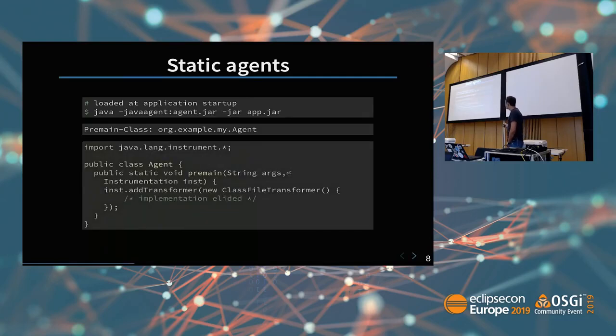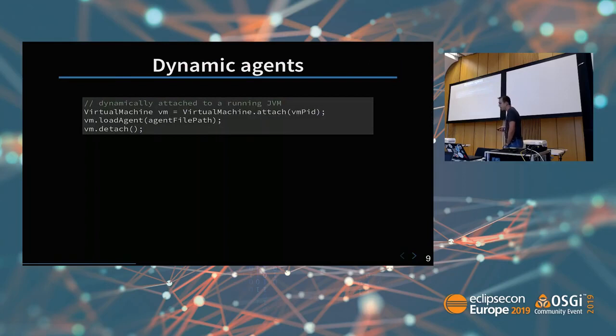In turn, that one looks a lot like a main class, just with a slightly different signature. It takes a string, so the arguments are a single string, and an Instrumentation. That Instrumentation class is the main entry point to doing anything Java agent related.